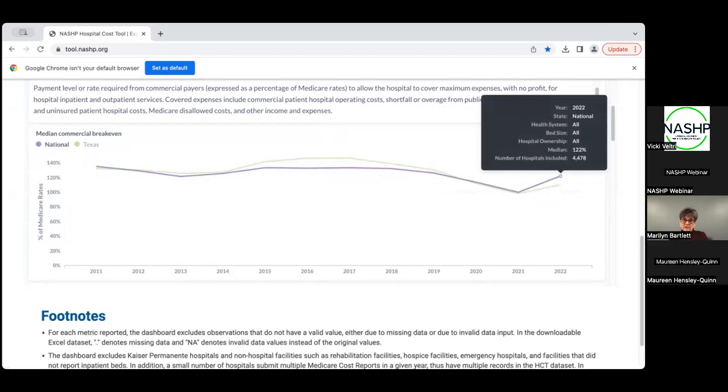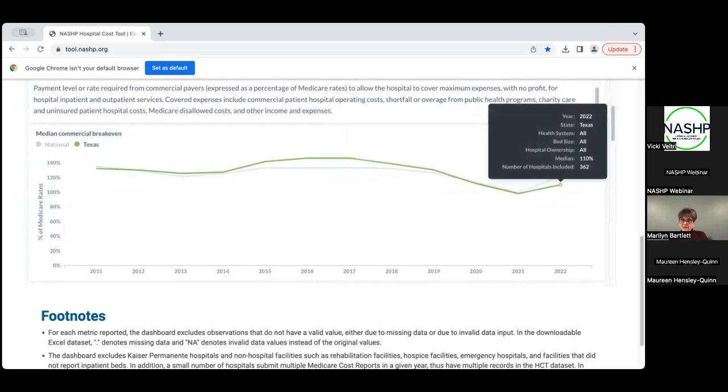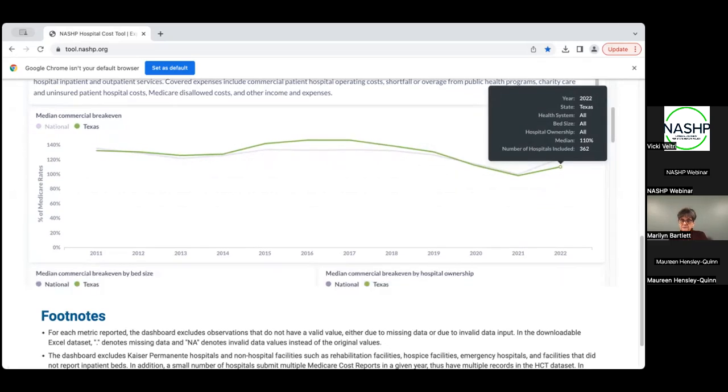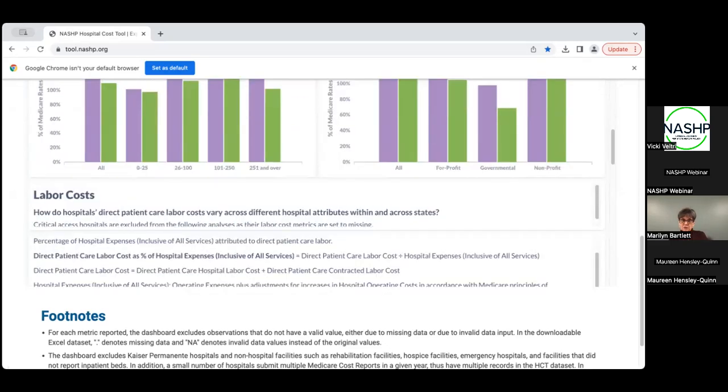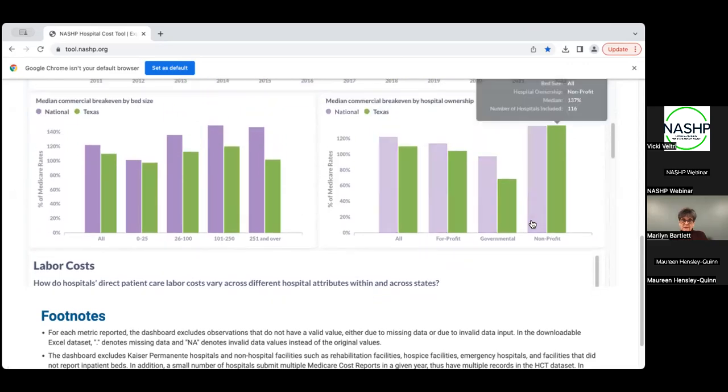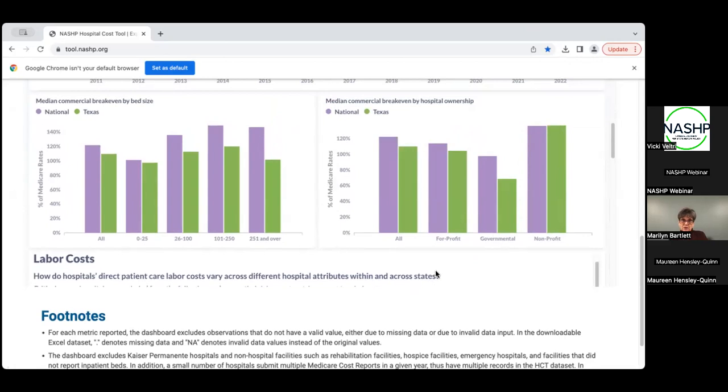But now we get to this point, all hospitals are at 122% commercial break even. Texas is a little bit lower at 110%. This will show it to you by hospital bed size and by the particular hospital ownership.